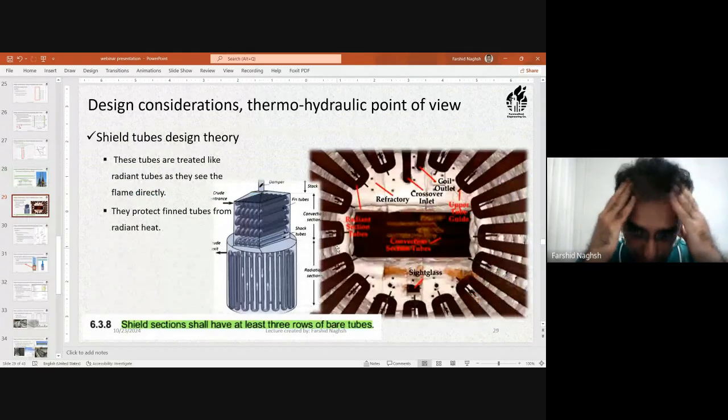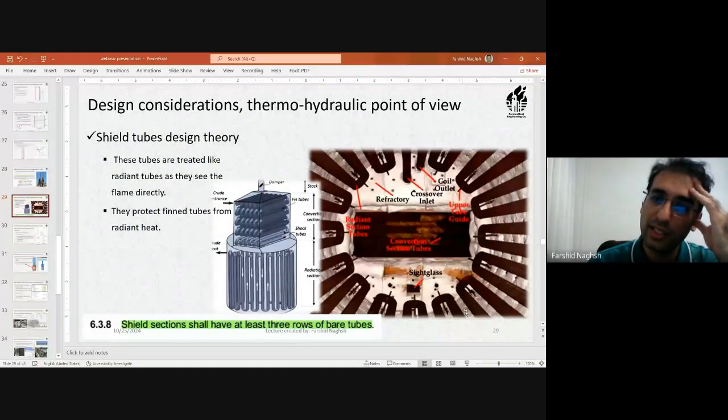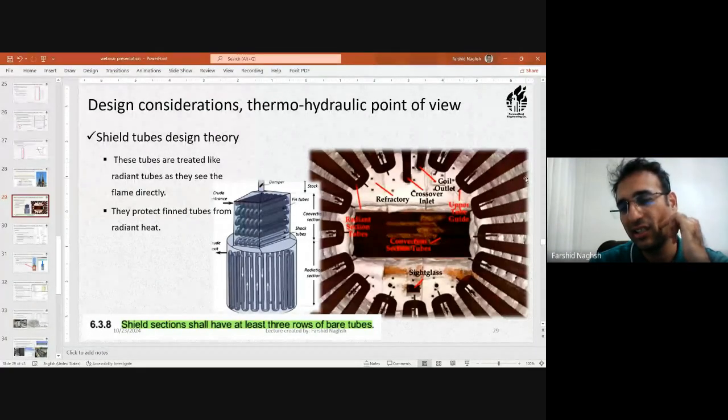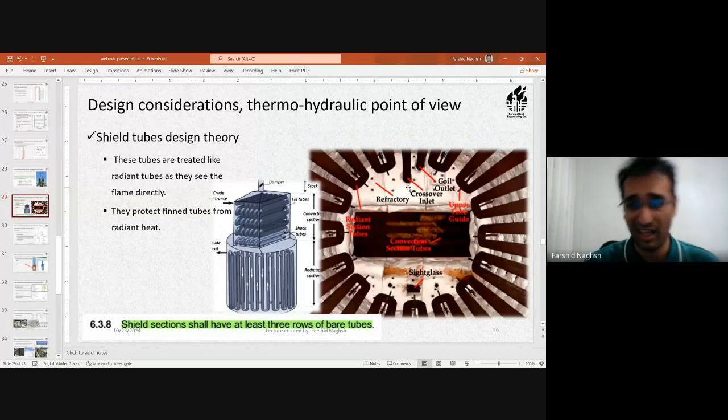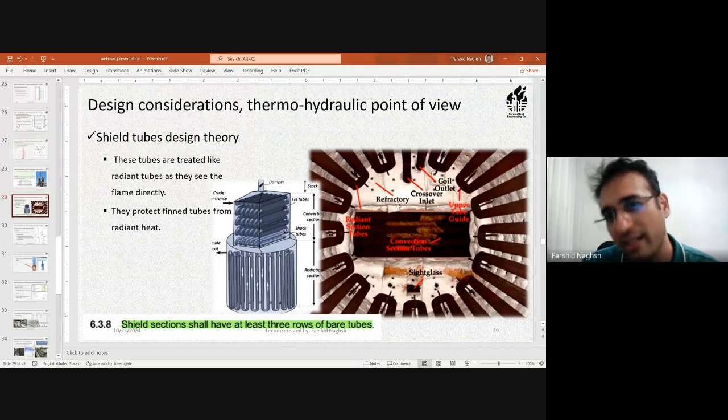I talked about shield tubes. The picture on the right shows the burner looking from above. You see that these are the radiant tubes. This is the crossover piping. What is the crossover? The crossover is the piping that connects the tubes in the convection section to the radiation section. And also these white things are soft products of refractory.